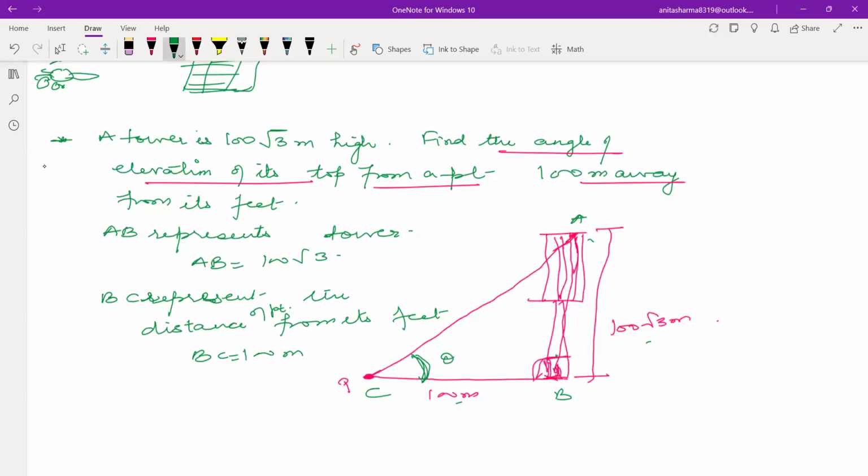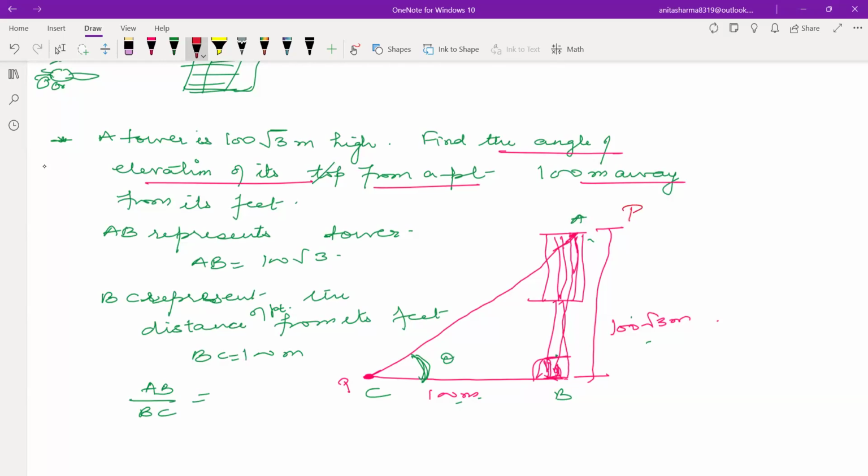Now both things are given, so you can write in ratio. You will write AB upon BC. Now beta, perpendicular upon base is equal to which trigonometric ratio? Tan theta.